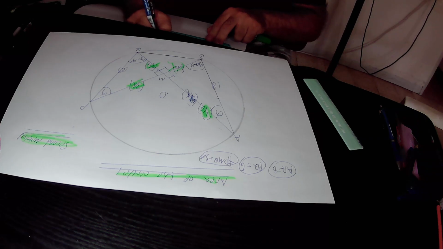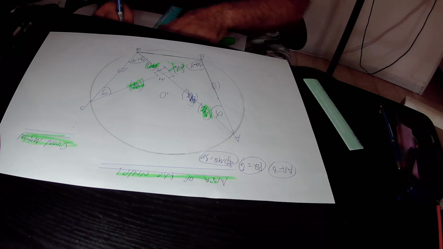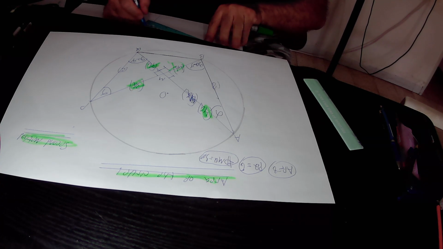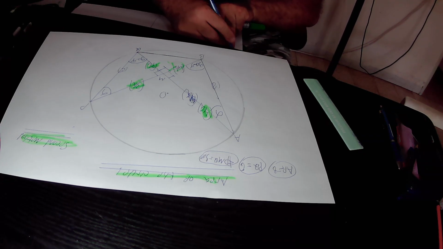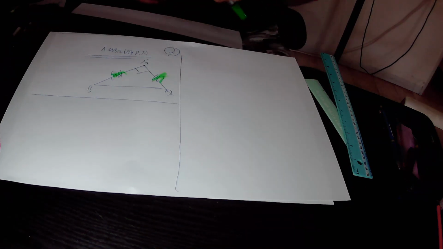Here PT is the abbreviation for Pythagoras theorem. So actually, this is right angle BMQ, according to the original drawing.